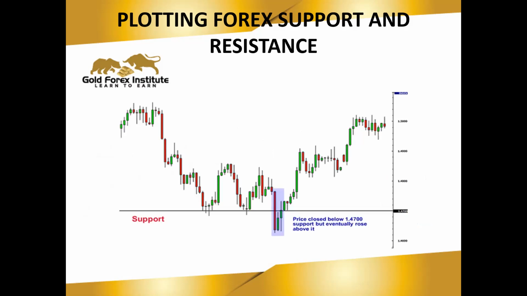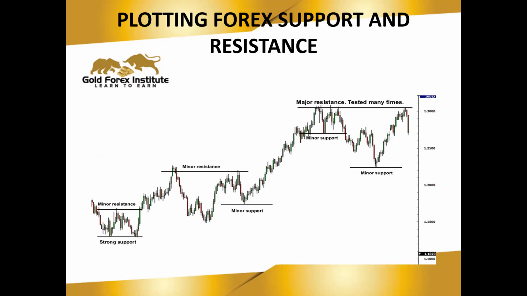So when we see this support and resistance in the downward trend, the base line here is the what? Support. So up here would be the resistance. So plotting support and resistance continues. Up here is the resistance. Here is the support down. So they are like that.